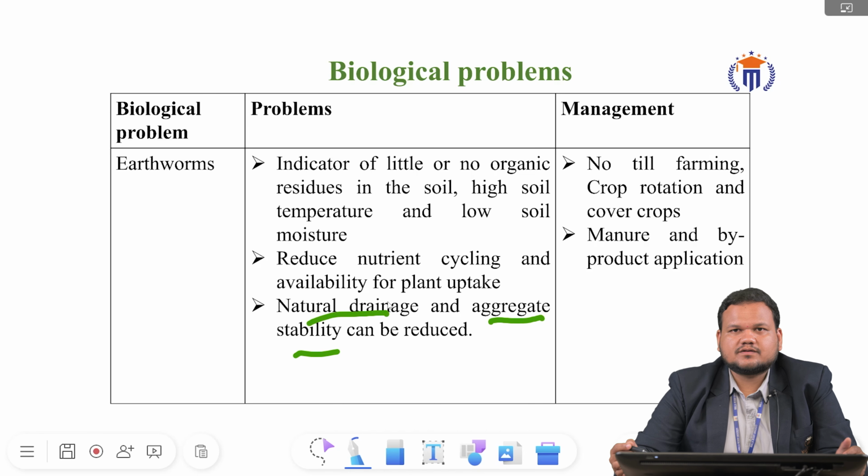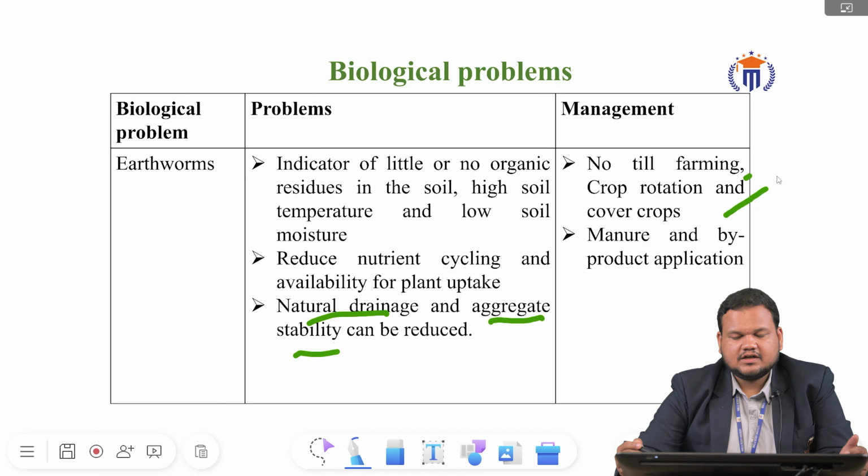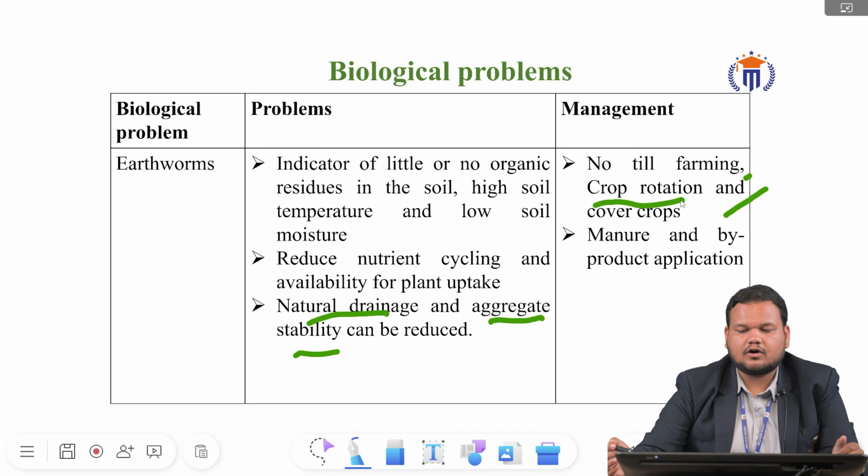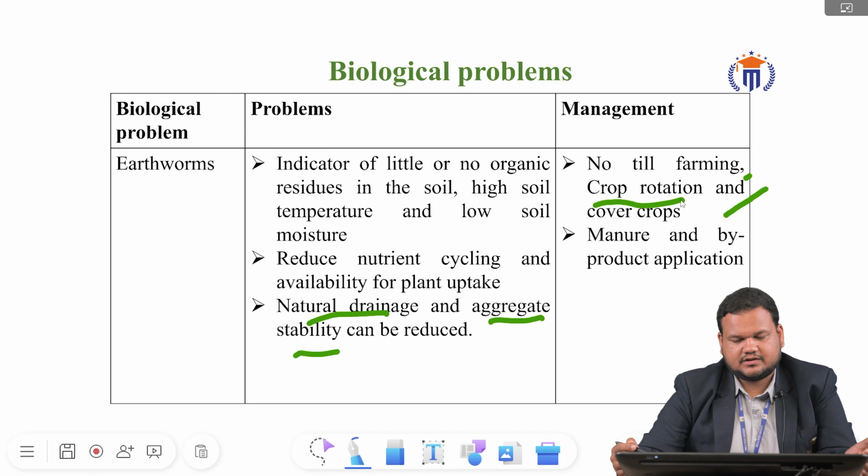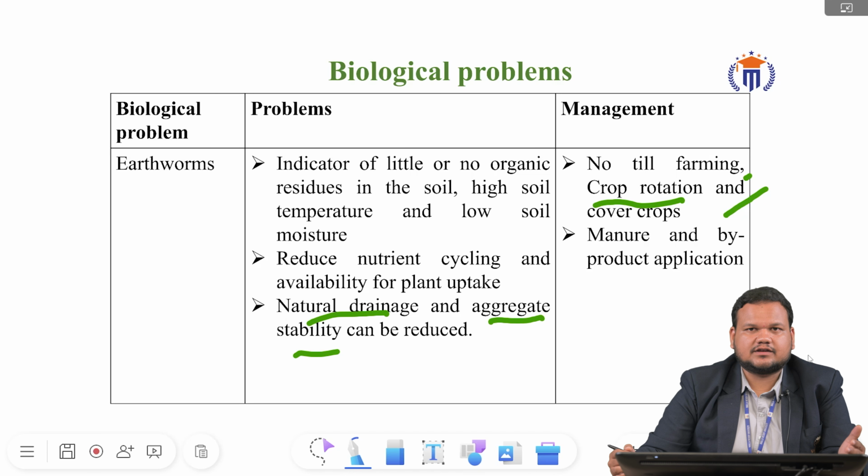So the management practice which we can do is the same, no-till farming or crop rotation, so the subsoil can come to the surface soil. During this crop rotation, growing monocot along with dicot, and also giving some amount of food, that is your manures, will also manage these earthworms.